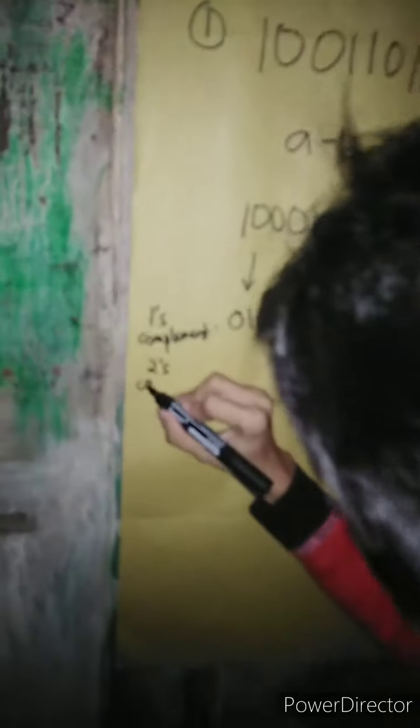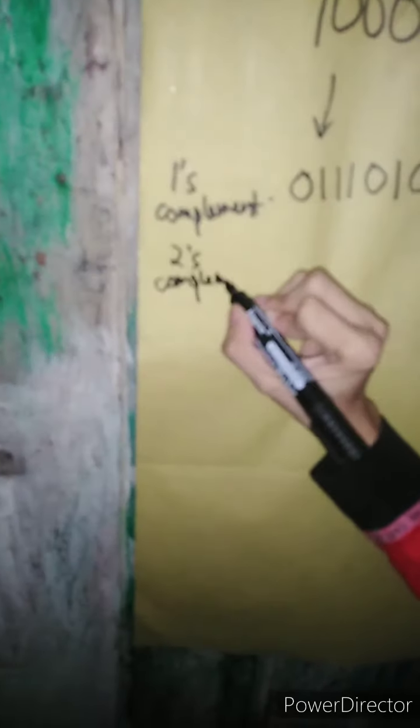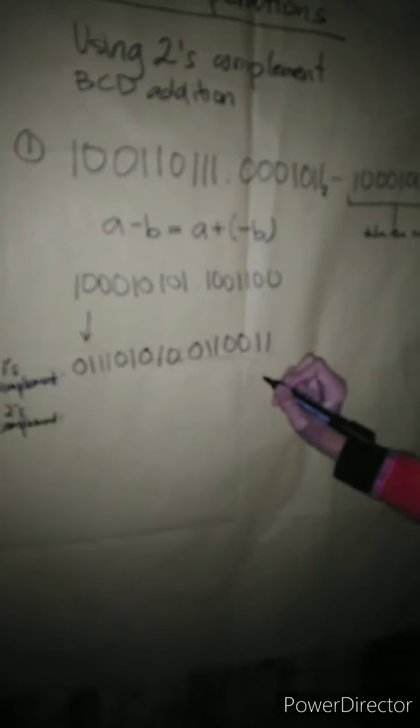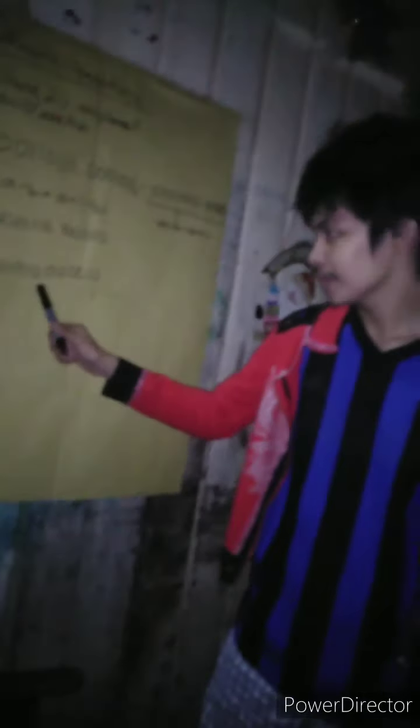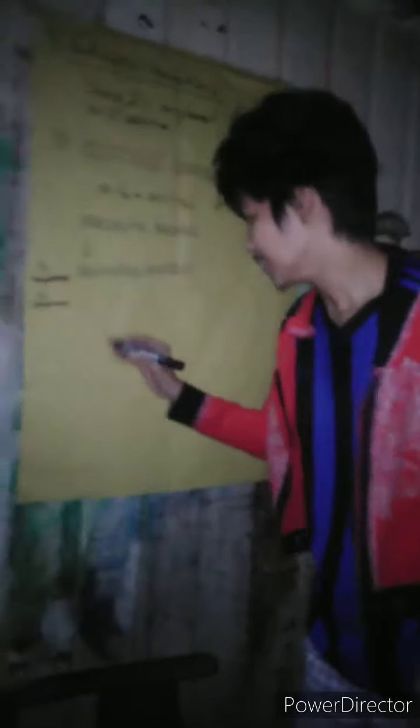For the 2's complement, we will add 1 to the rightmost digit, not in the units digit, but in the rightmost, no matter what place value it is.